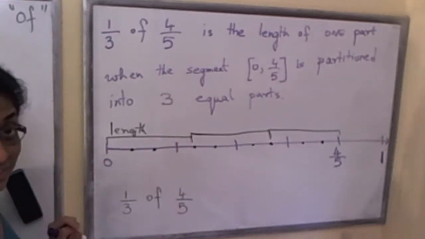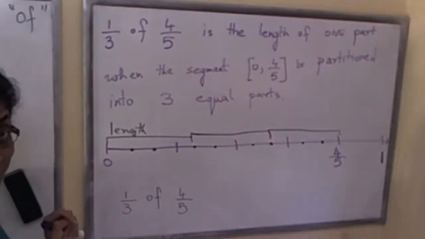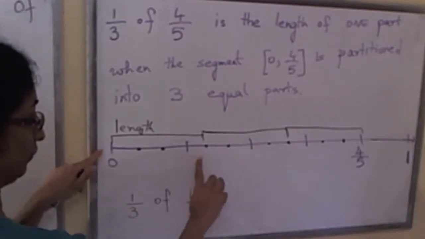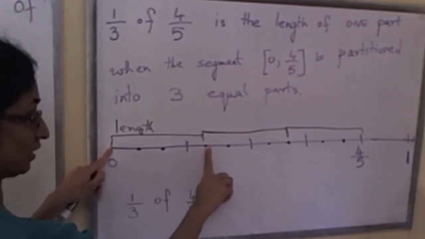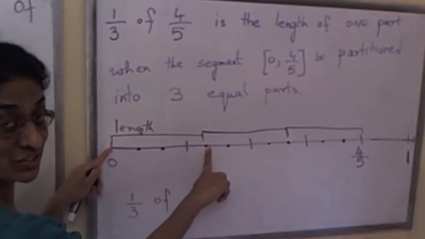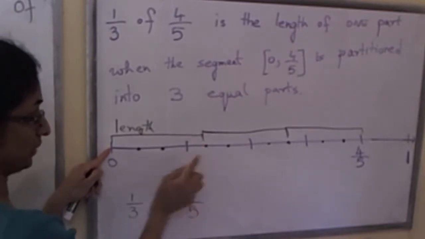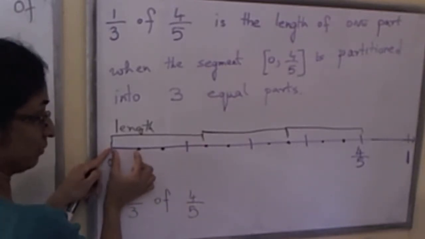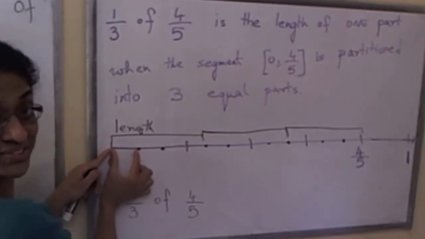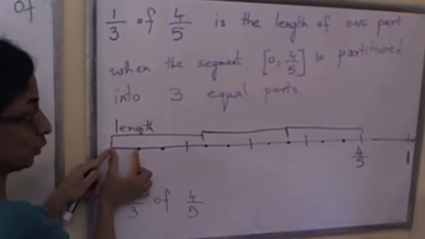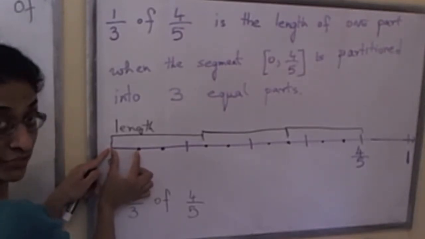What is that length? Let's find that out now. We notice this segment, whose length we're interested in, is 4 copies of segments of this size. So we really want to know what is the length of such a segment.